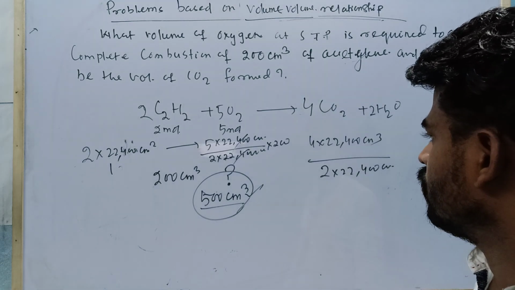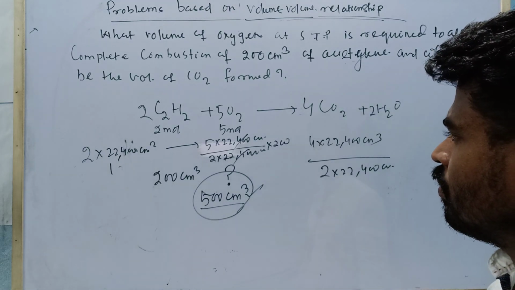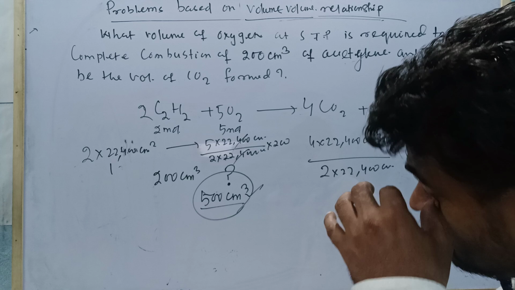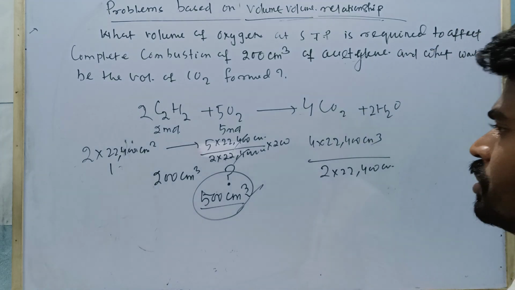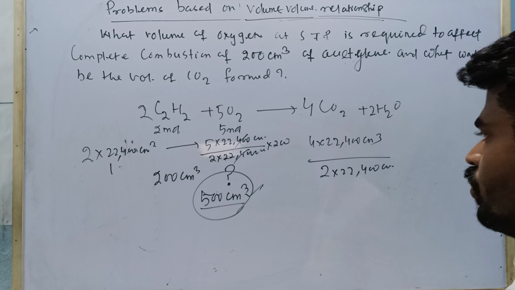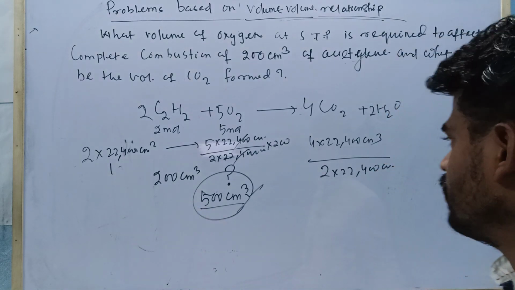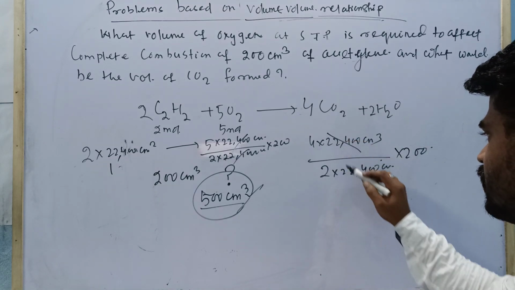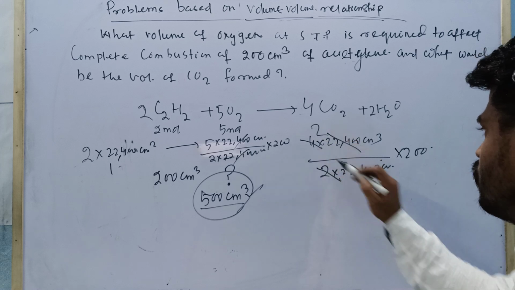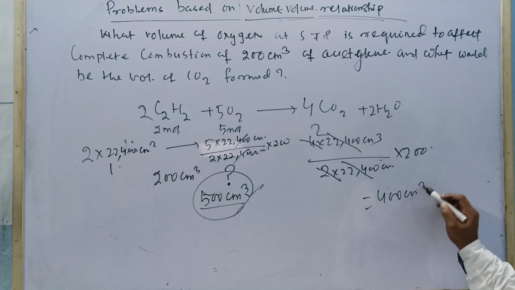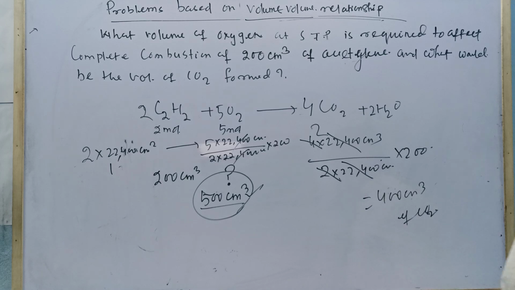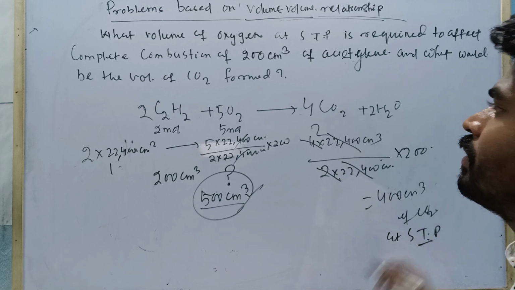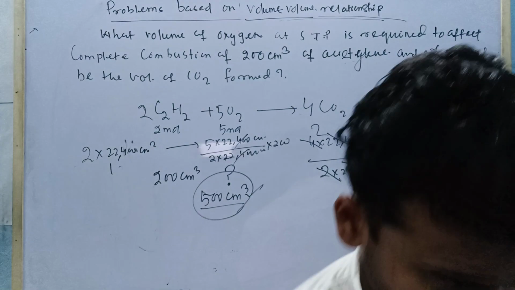So volume of CO2 formed for 200 centimeter cube, I can write, multiply over here 200. So this one cancelled, so that will be 400 centimeter cube of CO2, carbon dioxide. Is that clear? At STP. Okay, very good.